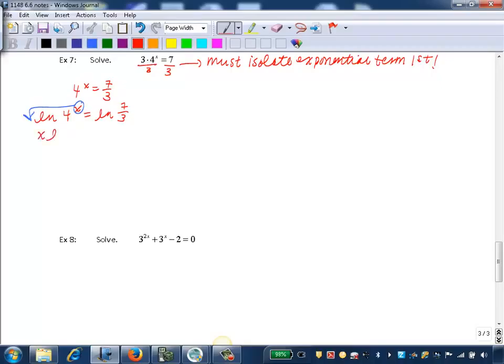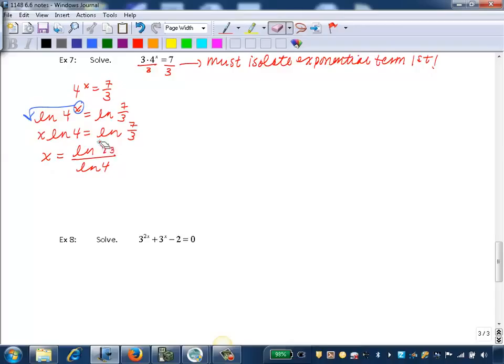So we have x natural log 4 equals natural log 7/3. And then all we need to do is divide both sides by natural log 4, and we get x equals natural log 7/3 over natural log of 4.